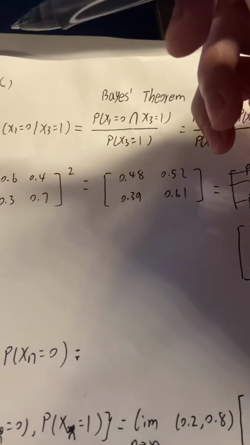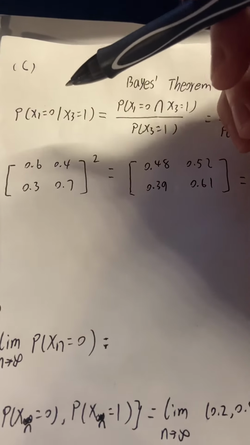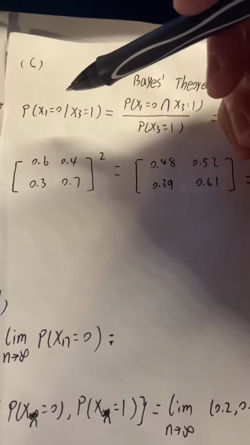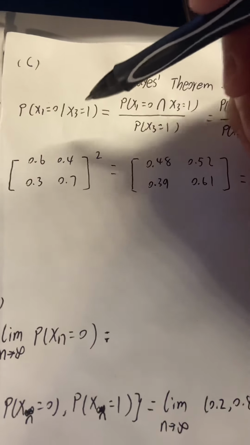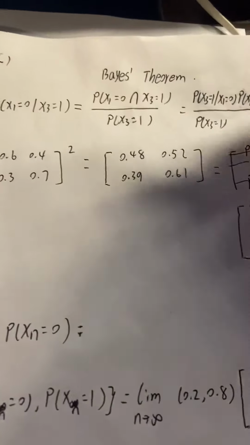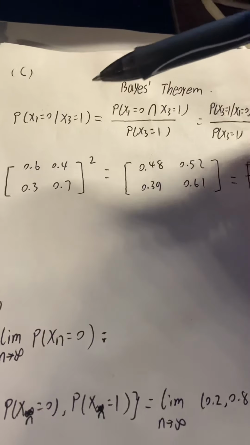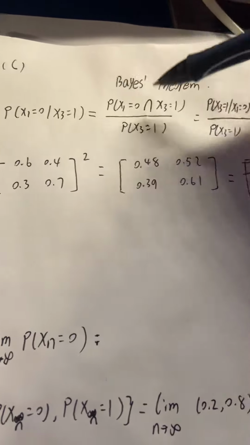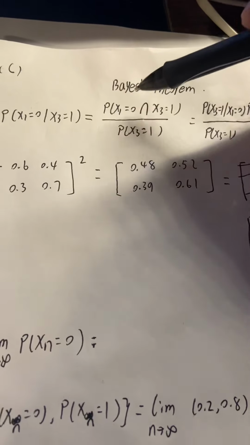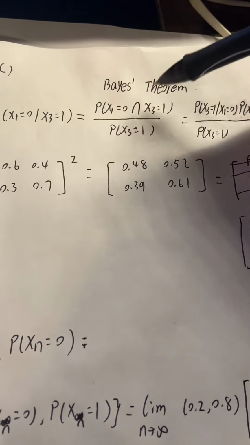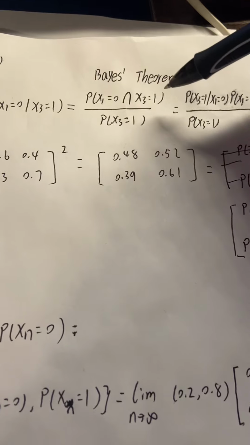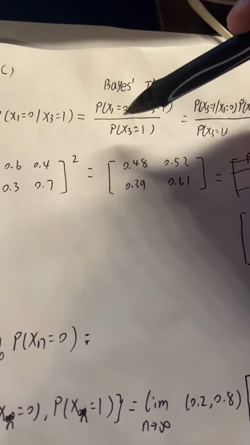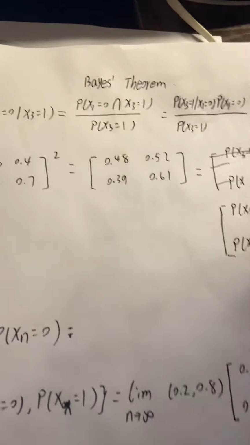In problem C, we need to find the conditional probability of x1 equals 0 when x3 equals 1. We can use Bayes' theorem and rewrite this as the probability of x1 equals 0 and x3 equals 1 over the probability of x3 equals 1.